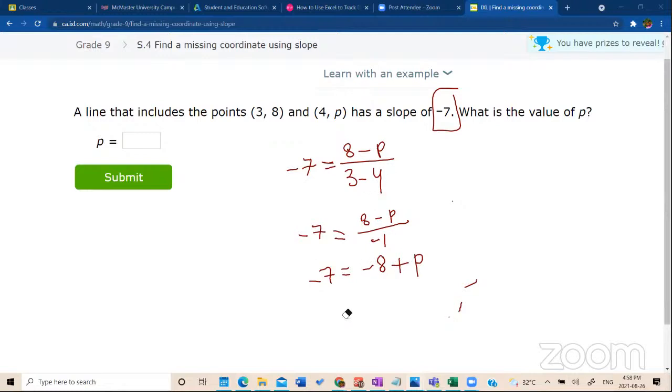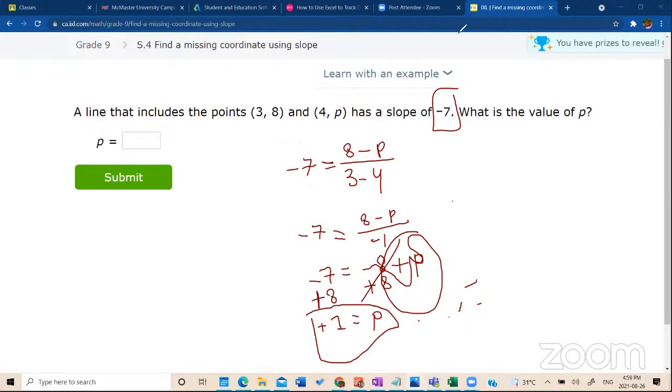Negative 8 plus 8 is going to be 0, and P plus positive 8 is P. So once we add 8 to this whole side, we're only left with P. Then minus 7 plus 8 is 1. Positive. So 1 is equal to P.